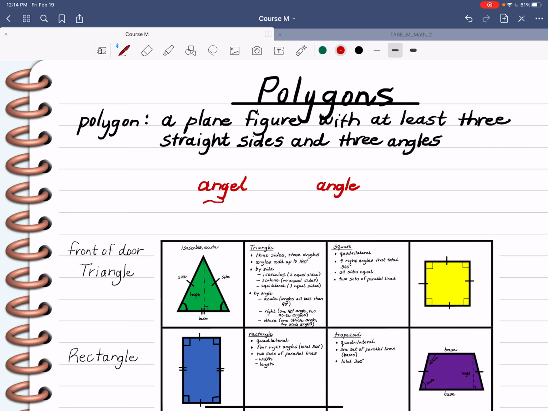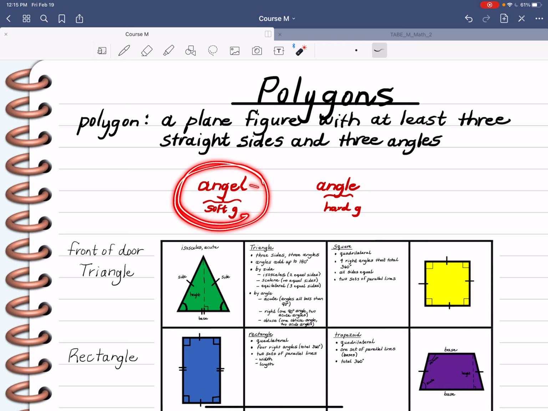This is a soft G. It has the J sound. This is a hard G. It has the G sound. Be careful with that spelling. I don't want you to go into college and write this one. This is not an angle. This is an angle. Okay, so lots of people misspell those words, and I don't want you to be one of them.